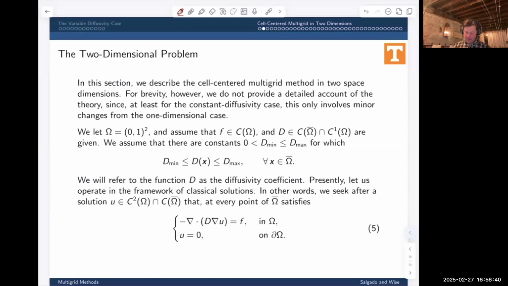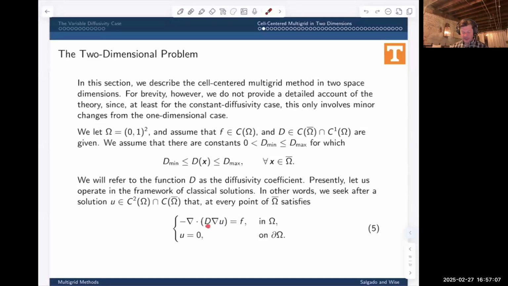I'm going to start the problem off in a completely general setting. So this is the problem that I want to define or explain, and then we're going to figure out how to solve it. In 2 dimensions, we're going to solve minus the divergence of D times nabla u. D is our diffusion coefficient.